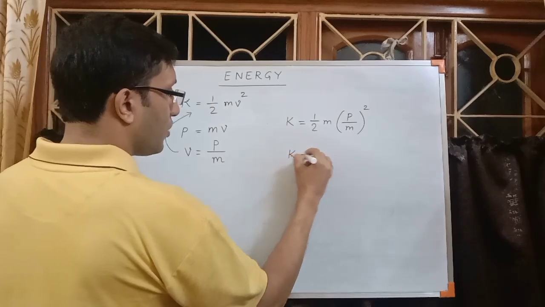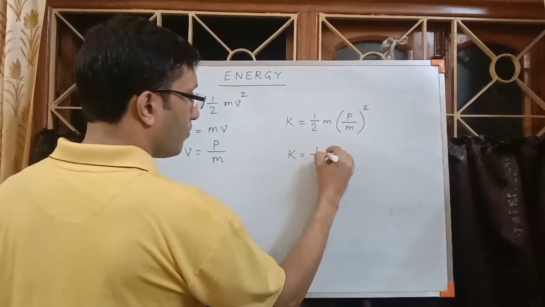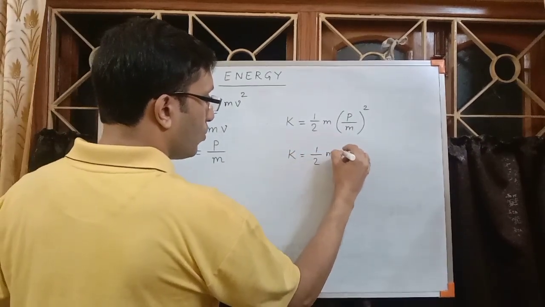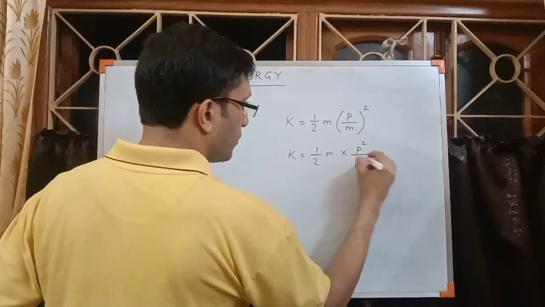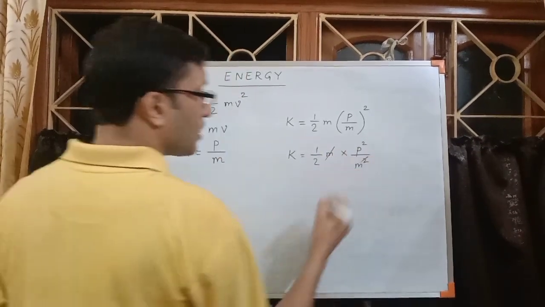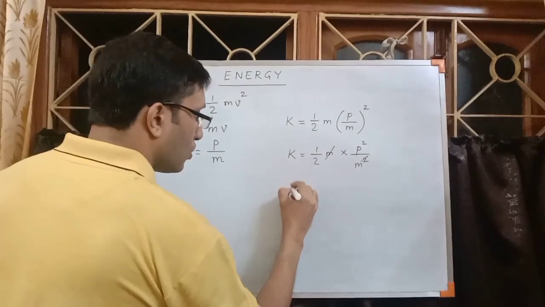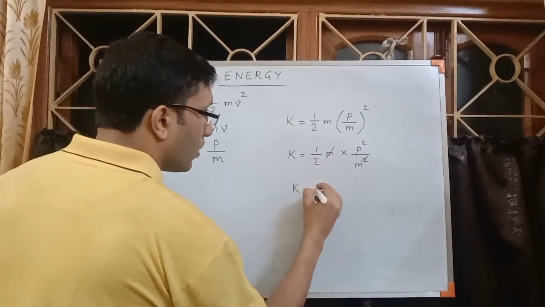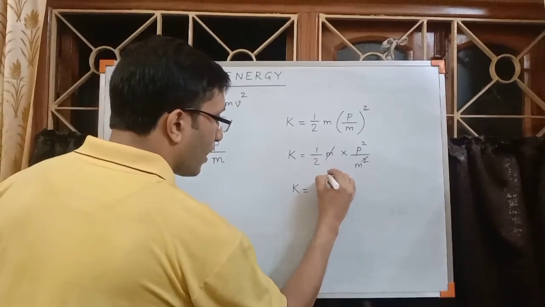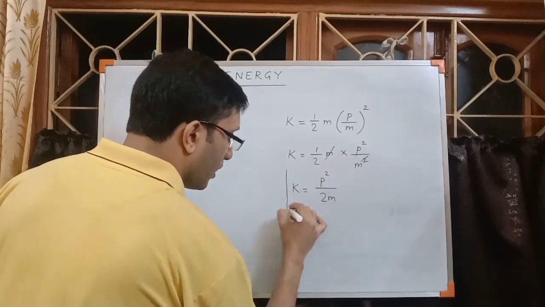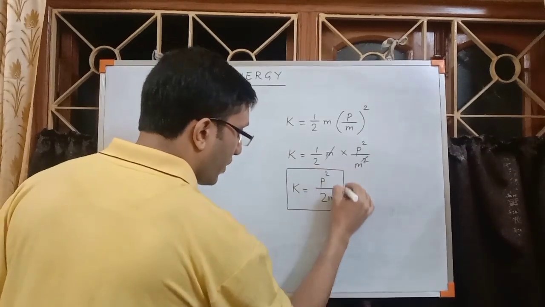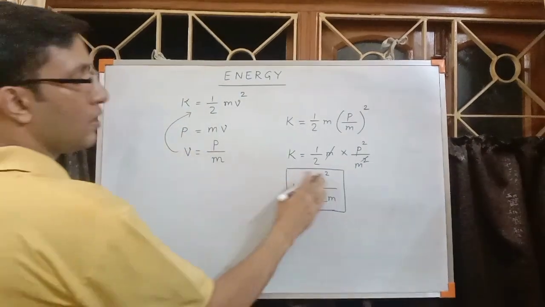So kinetic energy will be half m into P square upon m square. So 1 m from the numerator cancels 1 m from the denominator. So kinetic energy is equal to P square by 2m.